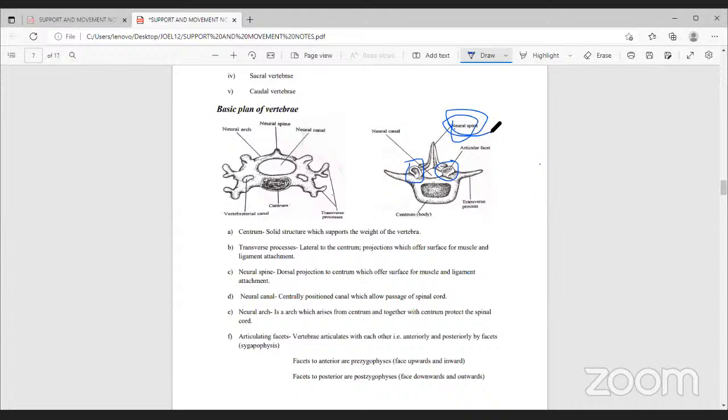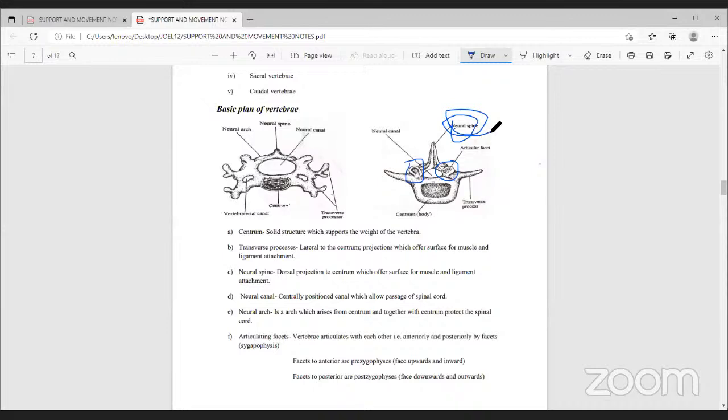Somebody is saying, repeat on zygapophysis. On zygapophysis, I've told you that these ones are articulating facets. This is where one vertebra is going to be connected with another. We have two types of zygapophysis.